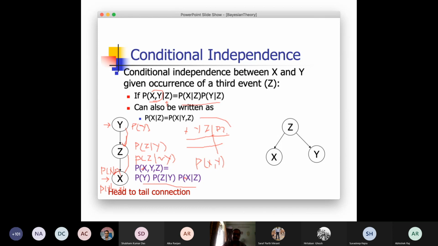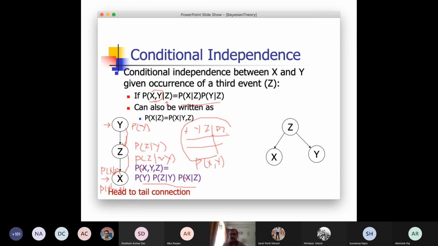You can see that it is actually combinatorially explosive. If I have 3 random variables, I have 2 to the power 3 combinations. If I have n random variables, I will have 2 to the power n combinations. So it is not advisable to derive the joint probability distribution using the Bayesian network and then do all these computations. That would be computationally inefficient, of exponential order.